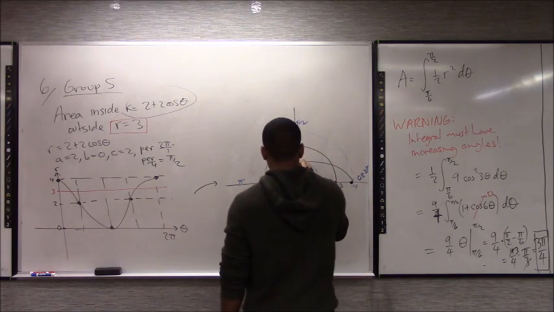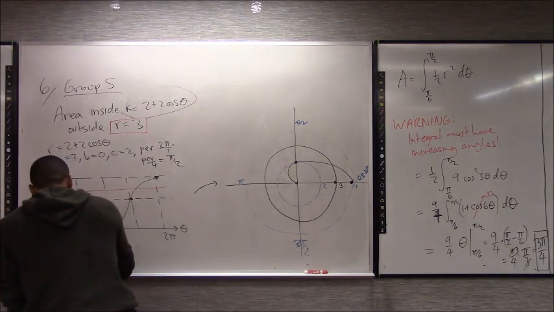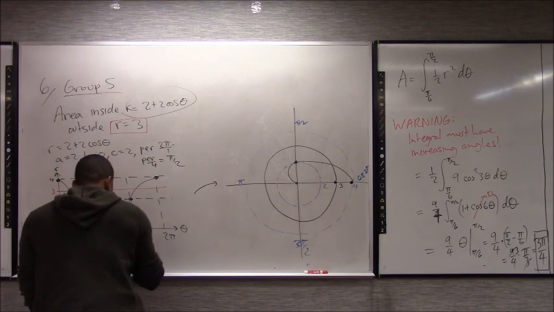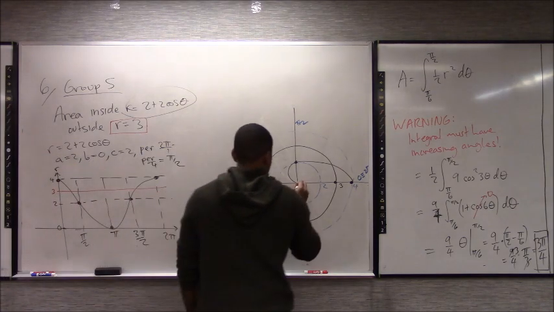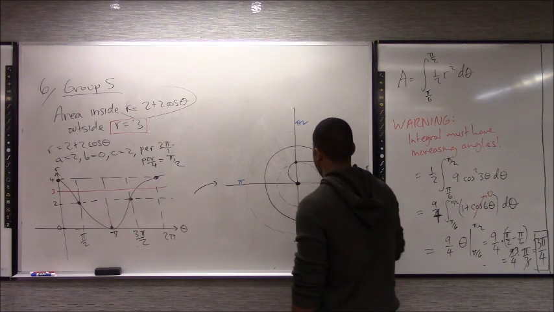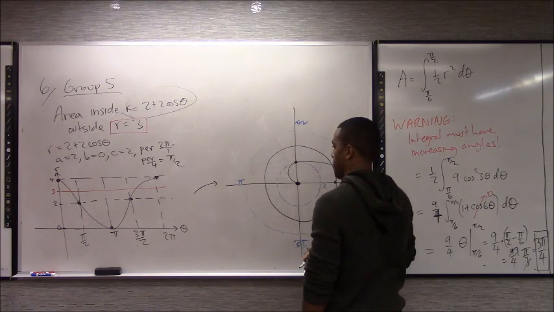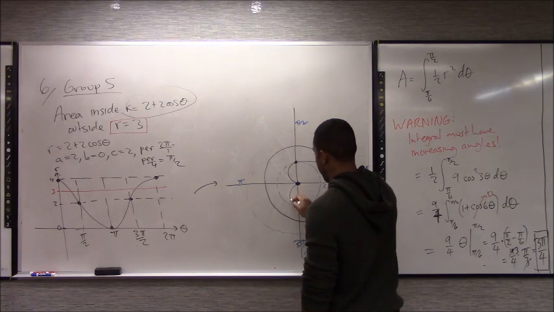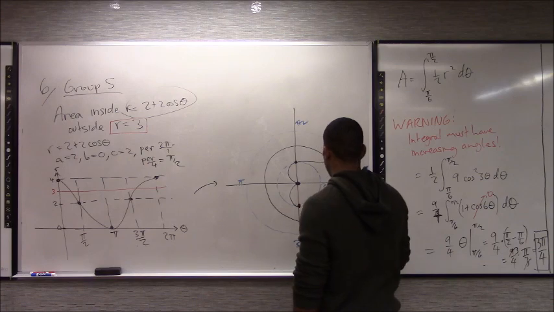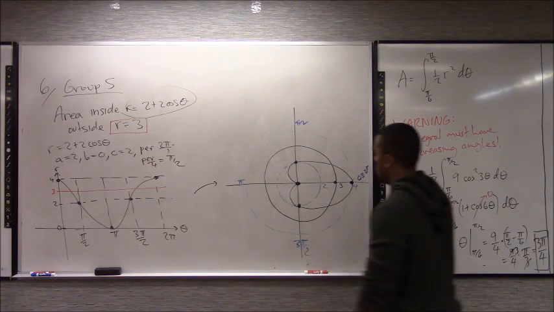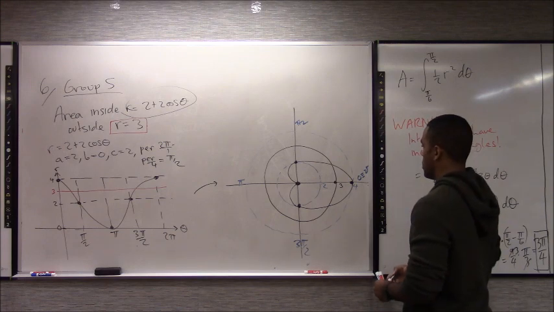So this is pi over 2, pi, 3 pi over 2, 2 pi. And then we go to radius 2 at 3 pi over 2. And then back to radius 4 at 2 pi.